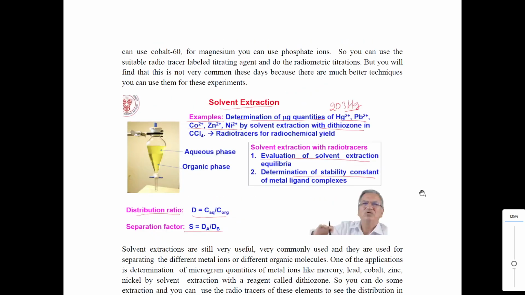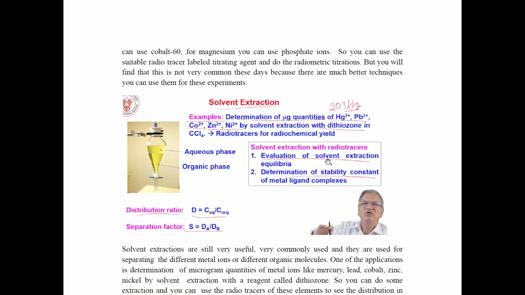So basically, the concept of solvent extraction, and an example is determination of microgram quantities of mercury or lead. In radiotracers the basic principle is this only, we know the distribution ratio, C aqueous over C organic. Remember all this.